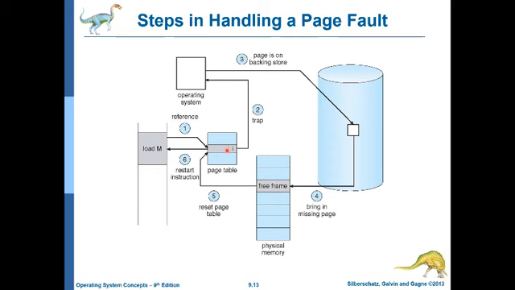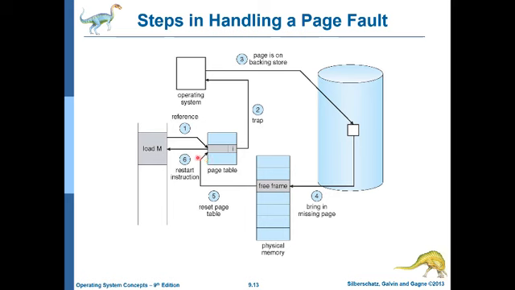Actually it is invalid, so a page fault is generated using a trap to the operating system, and the operating system goes to the backing store, finds the page and loads it into any available free frame, and then the missing page comes into the free frame and the operating system updates the page table.